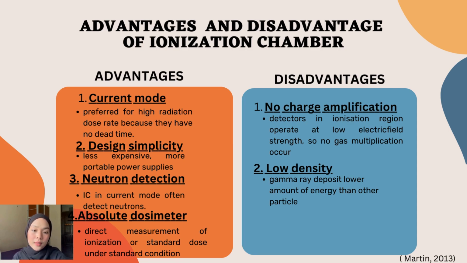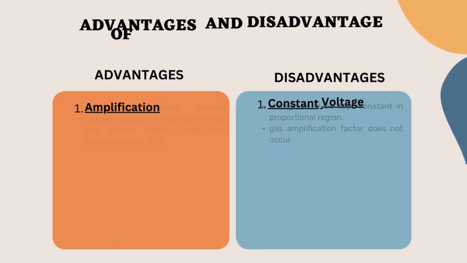And the disadvantage of ionization chamber is that it has no charge amplification. So detectors in the ionization region operate at low electric field strength, so no gas multiplication occurs. And the next disadvantage is the low density. Gamma ray deposits significantly lower amount of energy into the detector than other particles.